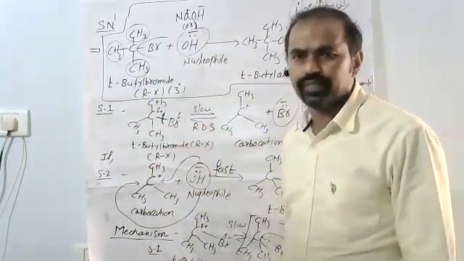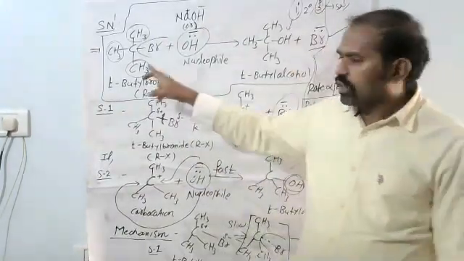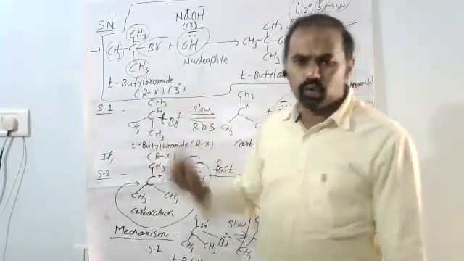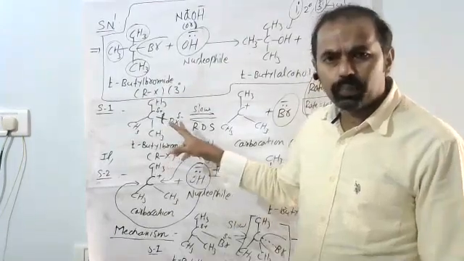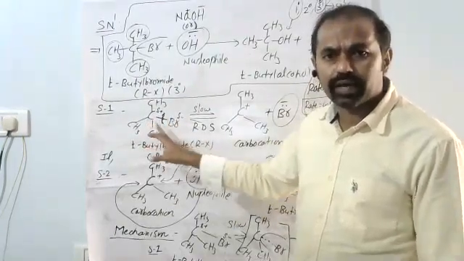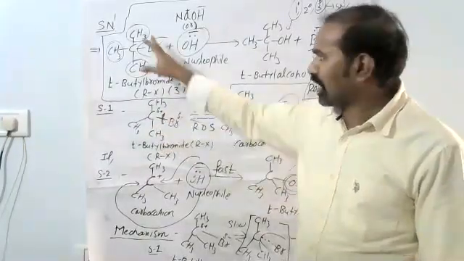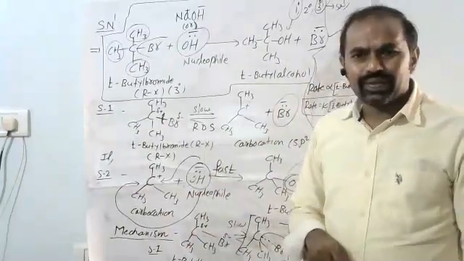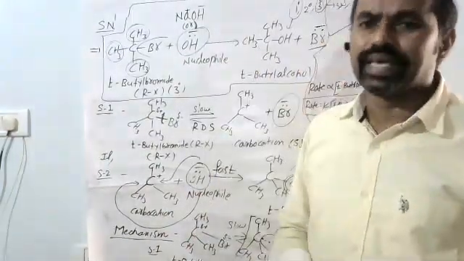See this. Step 1, the alkyl halide, tertiary butyl bromide, the bond between carbon and halogen is breaking slowly. This type of breaking is called heterolytic covalent bond breaking.